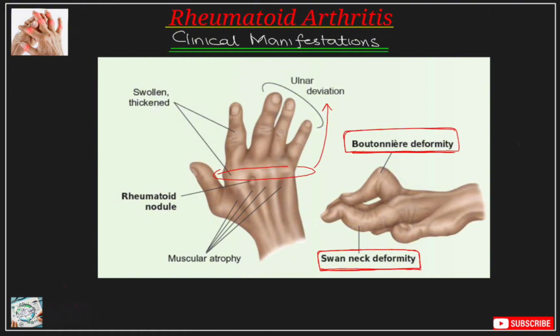If RA remains active and uncontrolled, hand function deteriorates significantly, leading to major disability in daily activities. This is why early diagnosis and treatment are so important in preventing long-term damage.